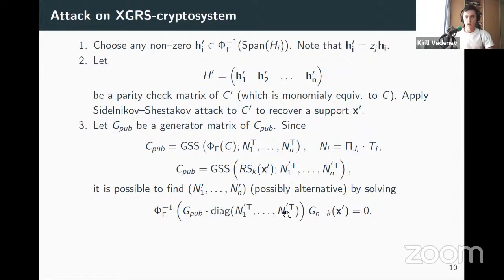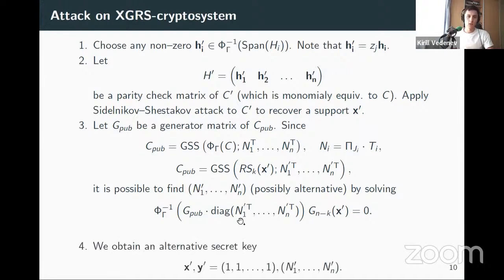You can see that this restores the long representation of the GSS subcode. This returns us to the extension field, and since this code is a subcode of the original code, we can multiply it by the parity check matrix, and we should now obtain 0. So by solving this equation, we obtain an alternative secret key.